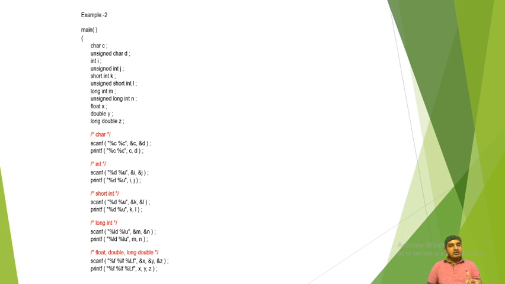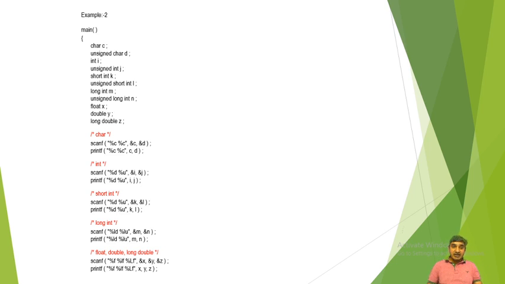Now to display this c and d on the screen, we use the output function printf. Printf in brackets, percentage c percentage c in double inverted commas, c, comma d, and the bracket is terminated by semicolon.